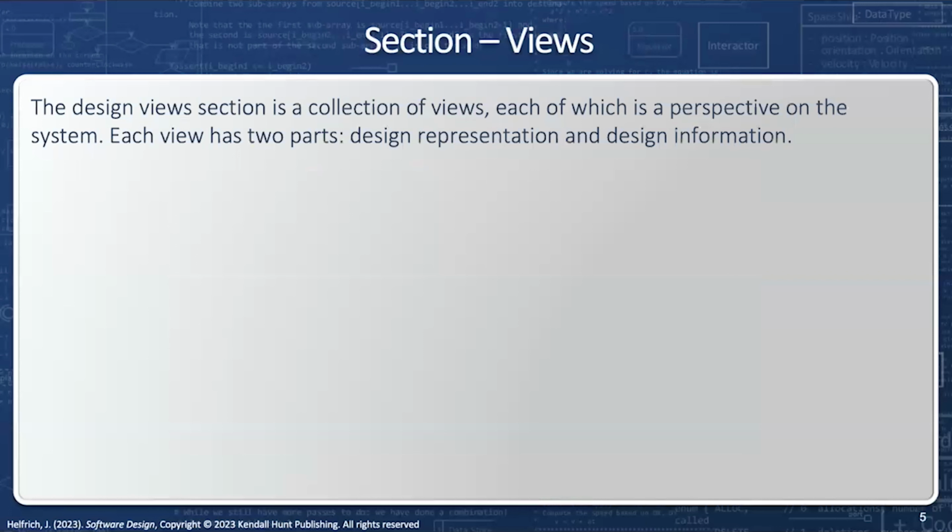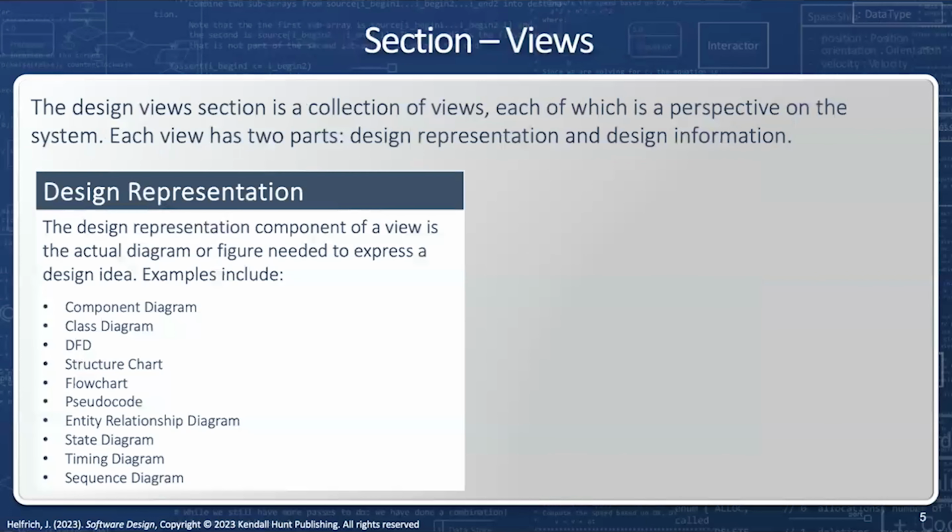Now, the body of the document is the design views. The design views section is a collection of views, each of which is a perspective on the system. Each view has two parts. The first part is the design representation. This can be a component diagram, a data flow diagram, a structure chart, a flow chart, an entity relationship diagram, or any other design view which may be useful for representing a design idea. Now, seldom do these design representations stand on their own.